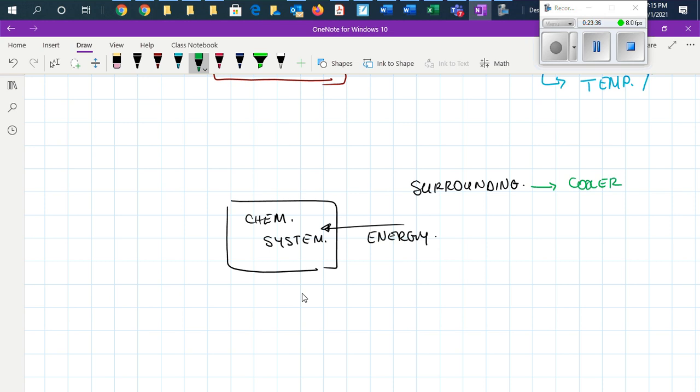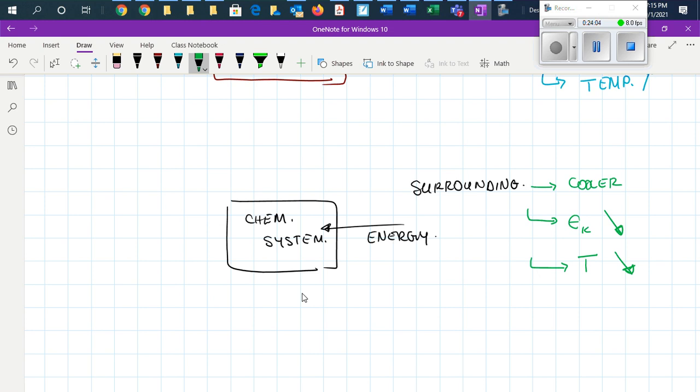As we said, it is related to the temperature, so the kinetic energy of the surrounding is going down. Or in other words, the temperature of the surrounding is decreased.